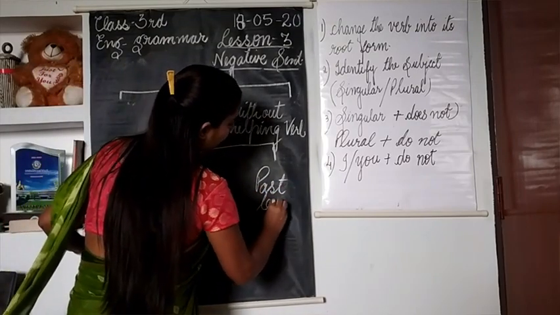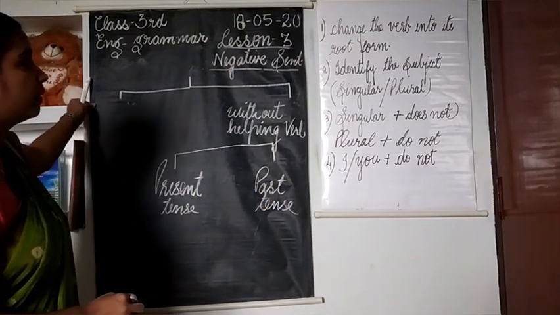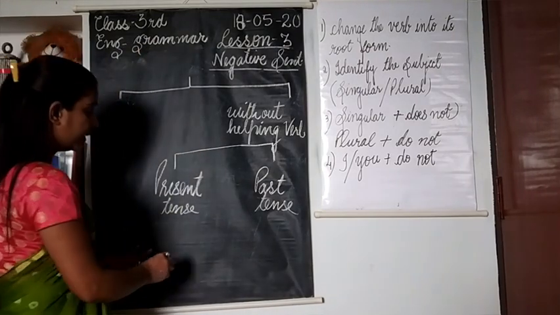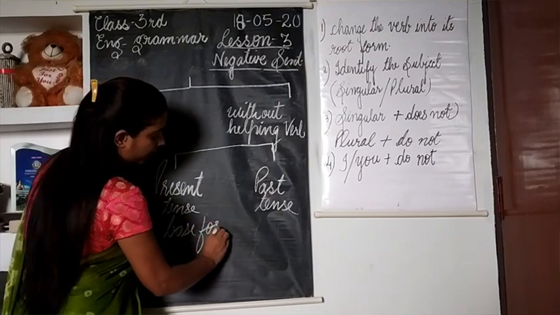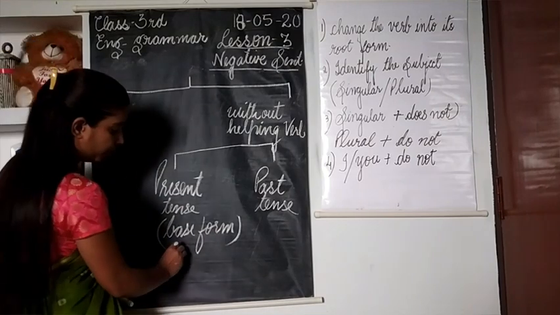Now how will you come to know whether it is in present tense or past tense? In class 2nd, tenses were taught to you all, and I told you all that present tense always has the base form of the verb in it. In sentences which are in present tense, the base form of the verb is used.